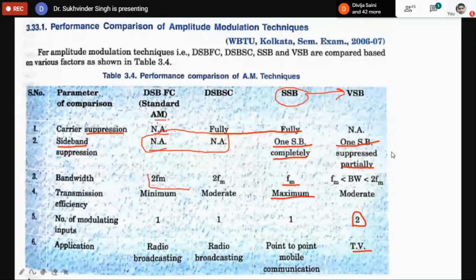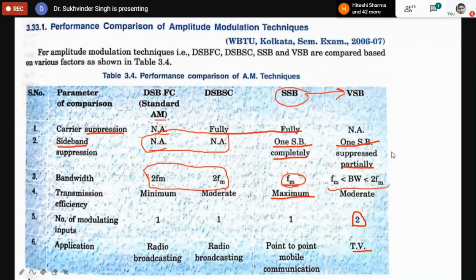Bandwidth is twice fm in case of both AM and double sideband full carrier and suppressed carrier, whereas bandwidth is half of that in case of single sideband. Bandwidth in case of vestigial sideband varies from fm to twice fm. Why fm to twice fm?